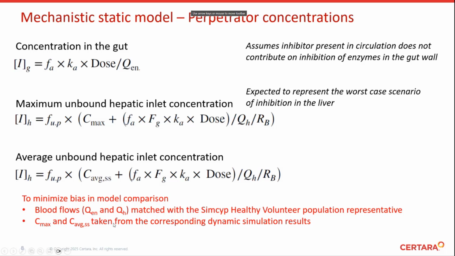The Cmax and the average concentration at steady state were taken from the corresponding dynamic simulation results to allow a fair comparison of these models. Also all the other input parameters were the same for the dynamic and mechanistic static model predictions.